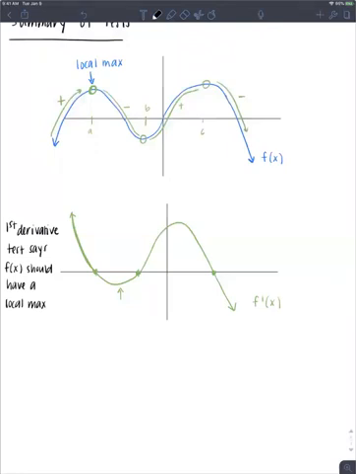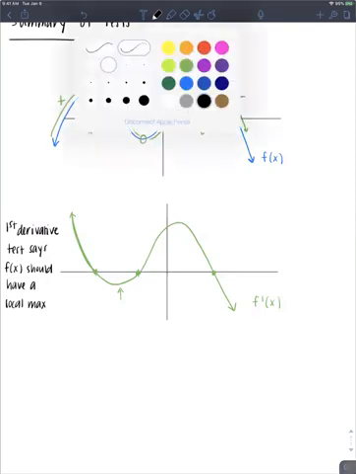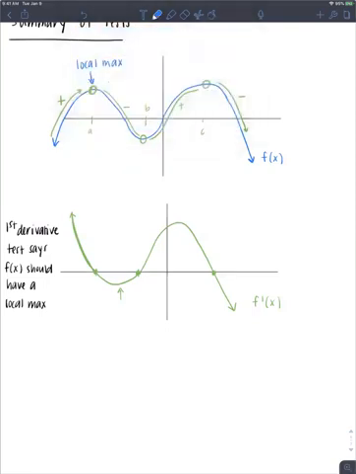What does it need to change from? It needs to start out as something and then change to something else. Yeah, from positive to negative, right? So when the first derivative goes from being positive to negative, you should have a local max. And if I look at my first derivative, it goes from positive to negative right here, so I should have a local max, and that's exactly what I have.